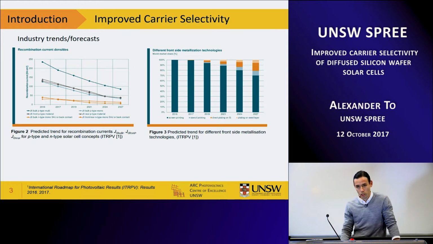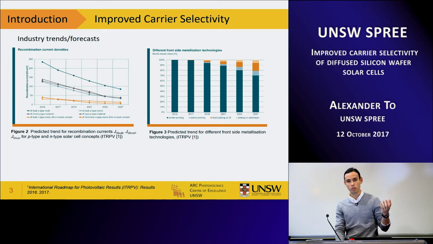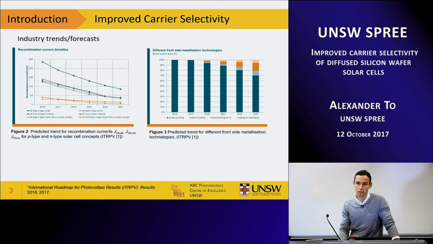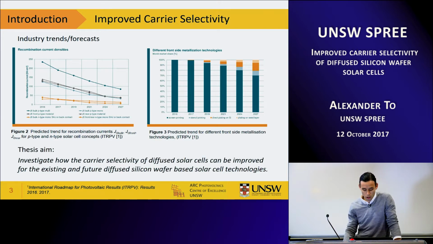So we wanted to focus on the current existing diffused homojunction solar cells with their current J0 values and with the pipeline of metallization technologies that they have coming: how can we improve these devices? That was the aim of the thesis.